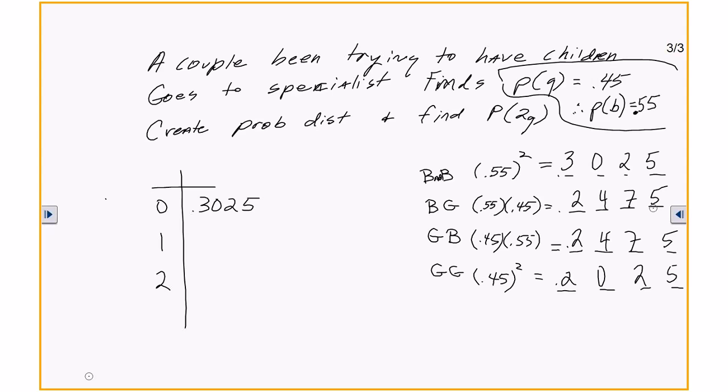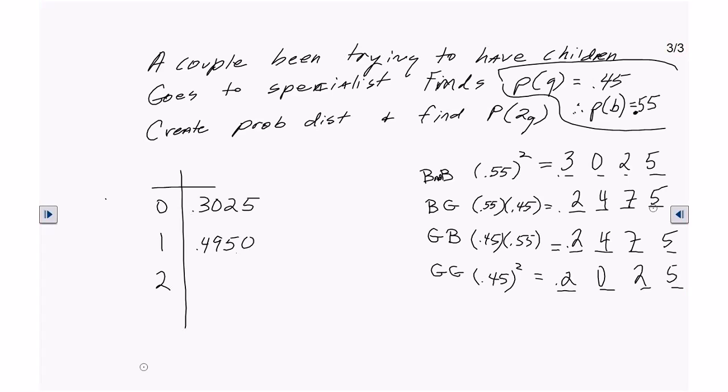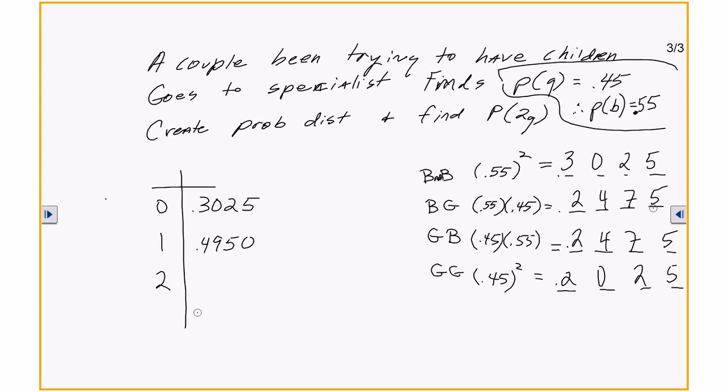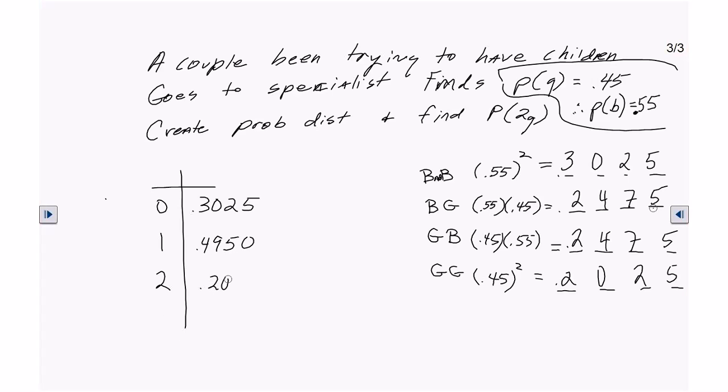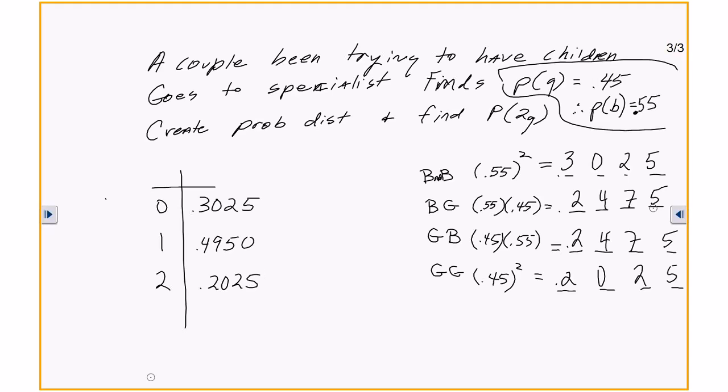Now, add those two middle ones up: 0.495. And then the last one is 0.2025.